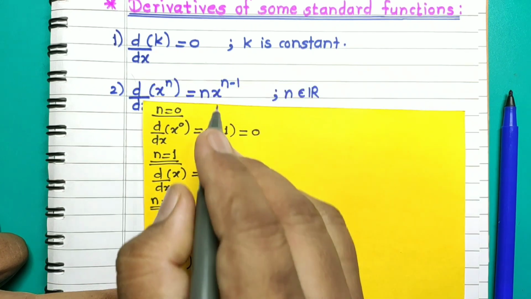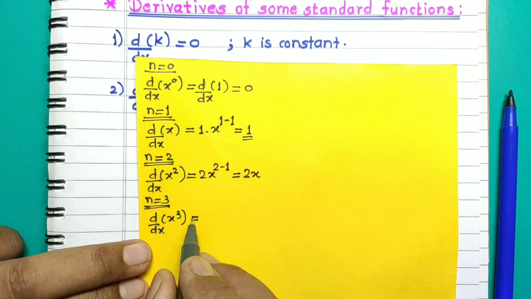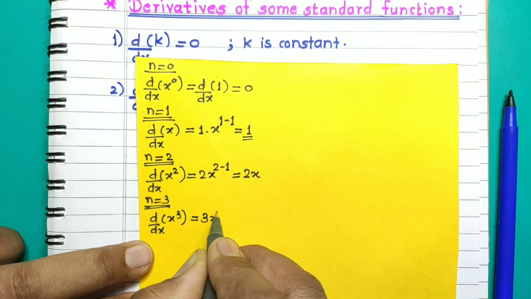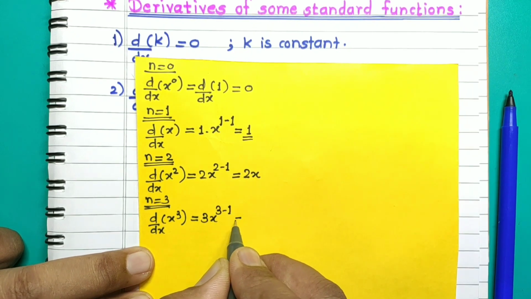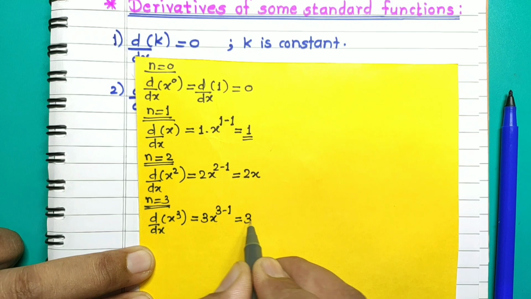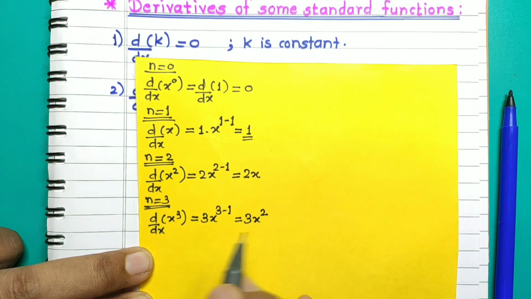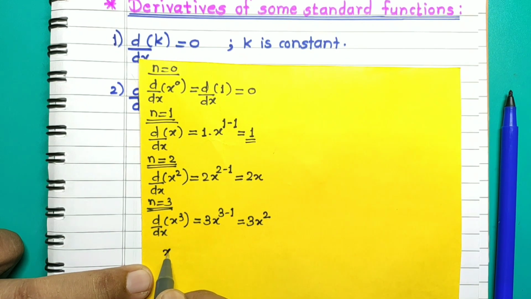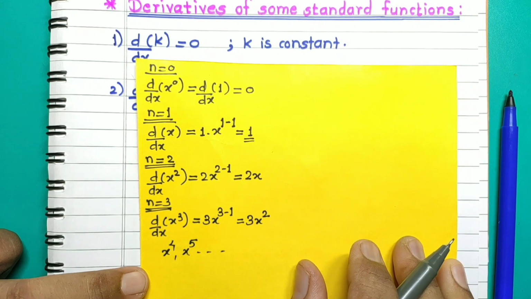Substituting n is equal to 3, we have 3 into x raised to 3 minus 1. So the derivative of x cube is 3 into x square. Like this we can find the derivative of x raised to 4, x raised to 5, and so on.